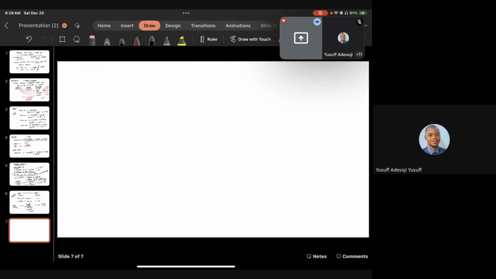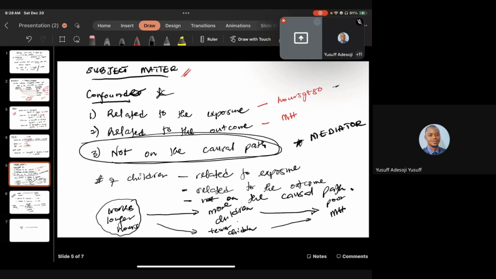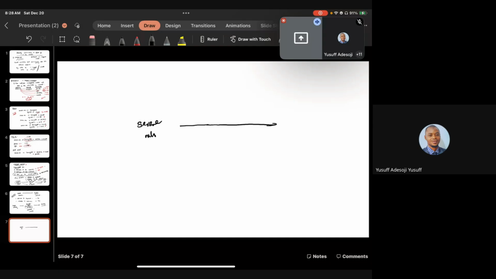Now, in this same example, we're looking at severe mental illness and hours greater than 80.